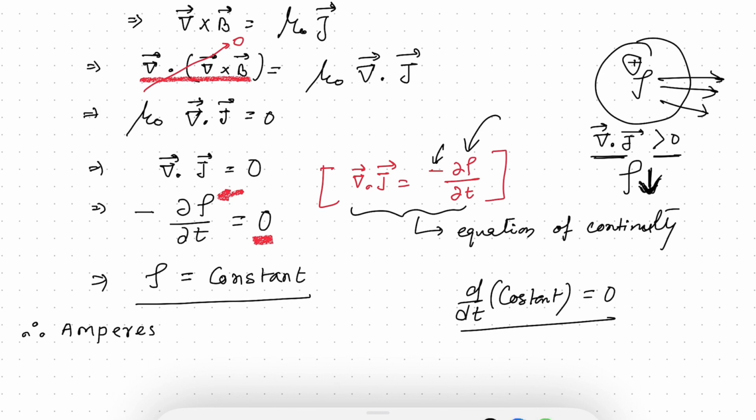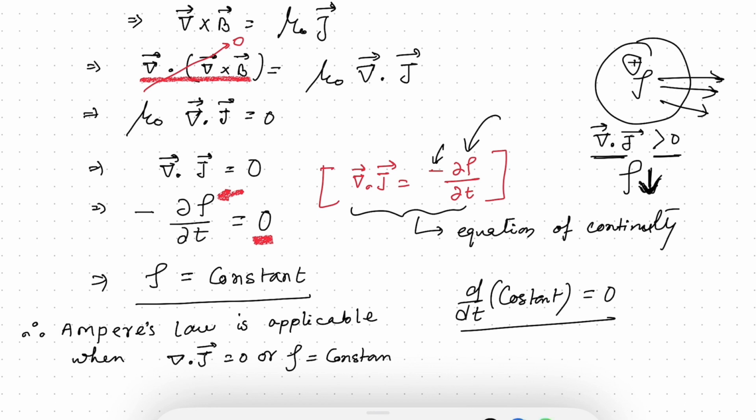Ampere's law is applicable when del dot J is 0, or charge density is constant, right?